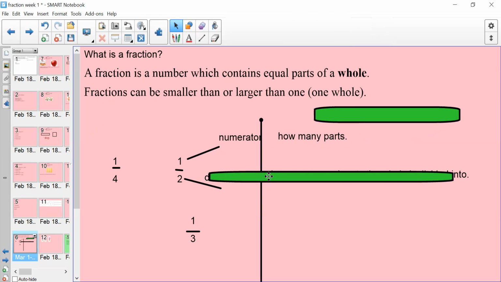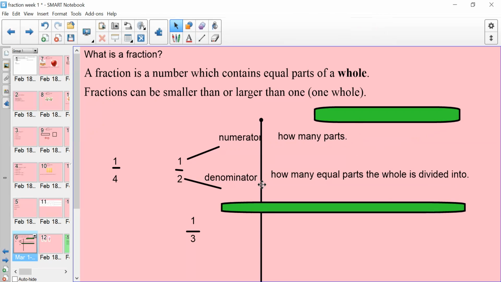And the bottom number is called the denominator. How many equal parts the whole is divided into. And it's really important that when we're dividing or sharing the parts, they are equal, they have to be the same. So let's have a look at some examples using these vocabulary words.